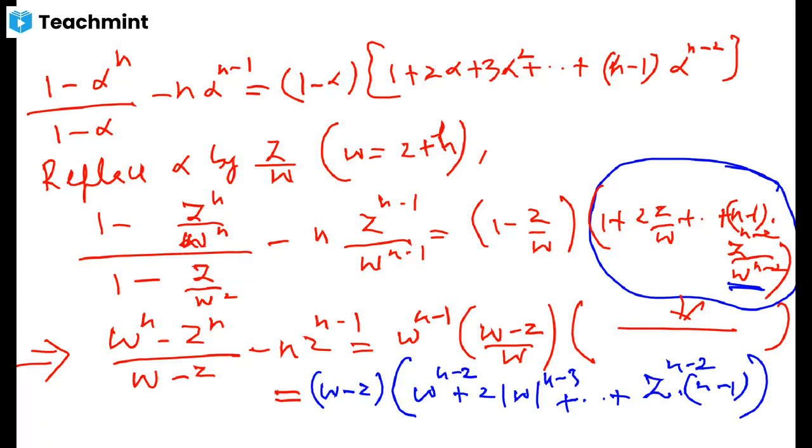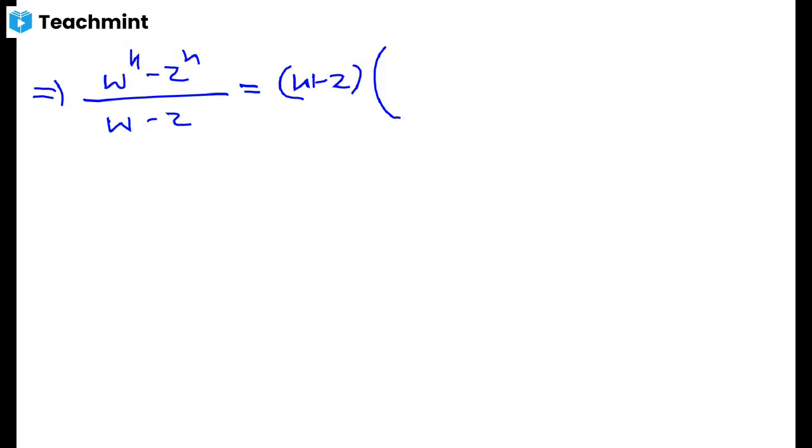So let me write the final inequality that we have. We have this final expression, w to the power n minus z to the power n upon w minus z, and I have this inequality: w to the power n minus 2 plus 2 times w to the power n minus 3 z, plus so on, plus n minus 1 times z to the power n minus 2.